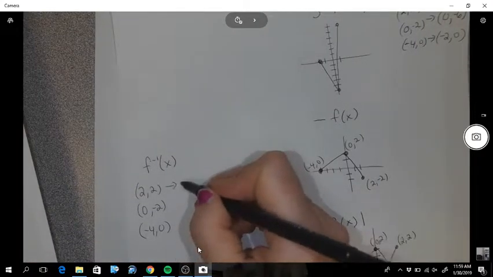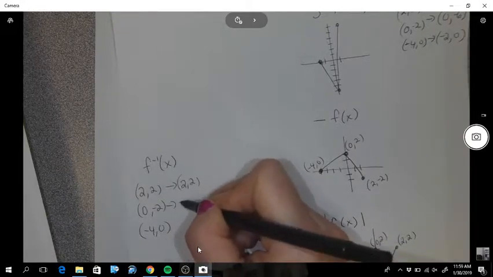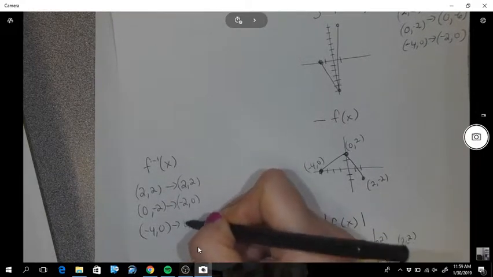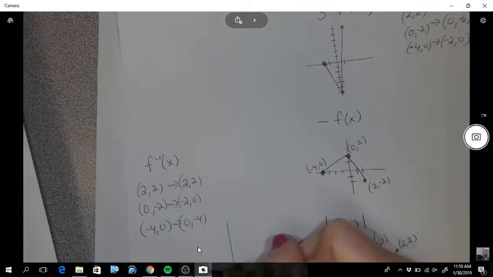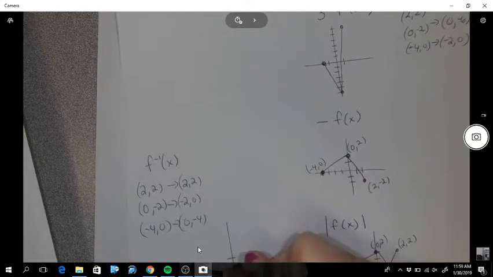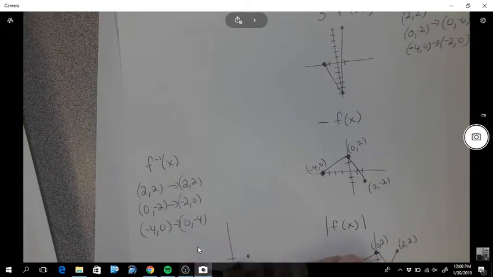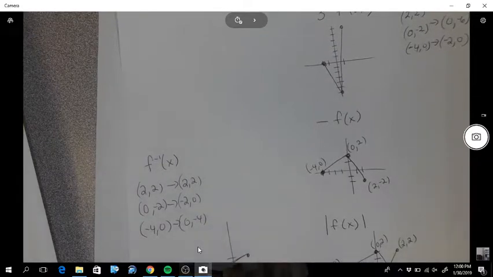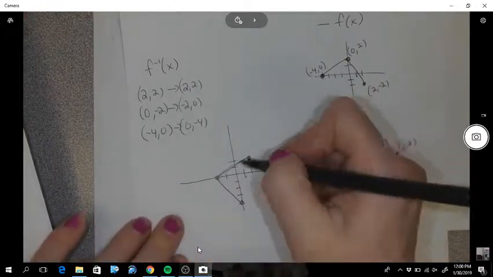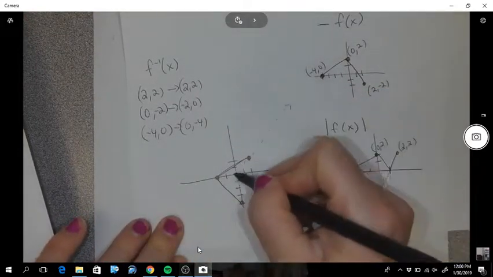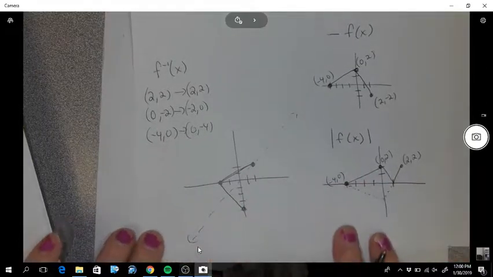So our inverse points will be (2, 2), (-2, 0), and (0, -4). So there's our new graph, and you could see the line of reflection would be y = x.